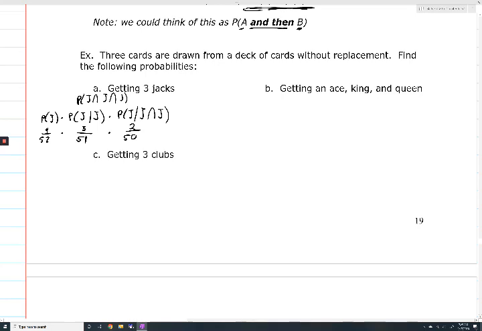Now you multiply all of those together. That gives .00018. So you see the probability of getting a jack decreases every time I take a jack because I'm decreasing the number of jacks in my deck.